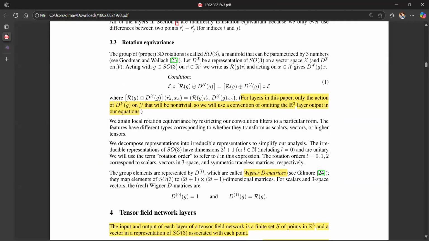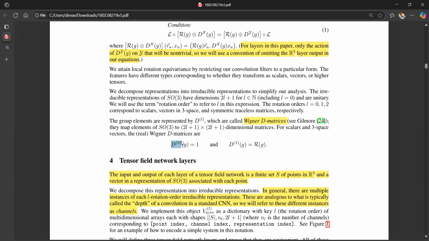Wigner matrices, just to remind you, a Wigner matrix of power L is a 2L plus 1 by 2L plus 1 matrix. Here's an example.